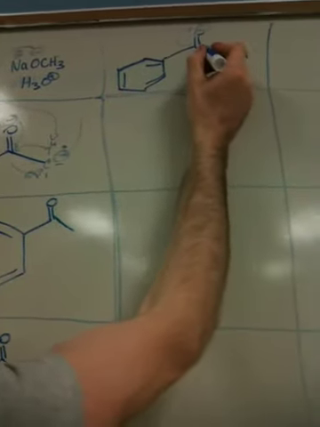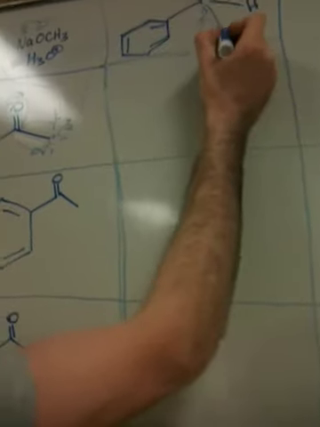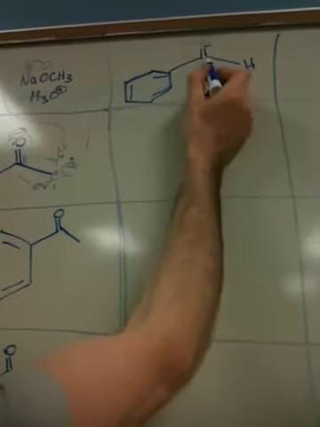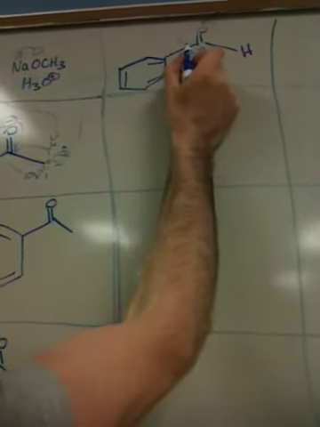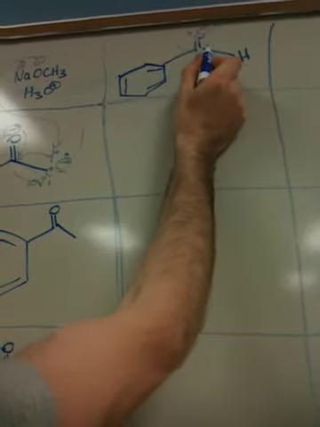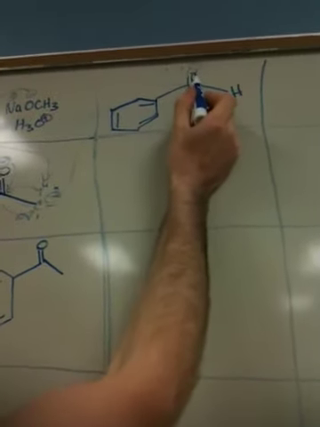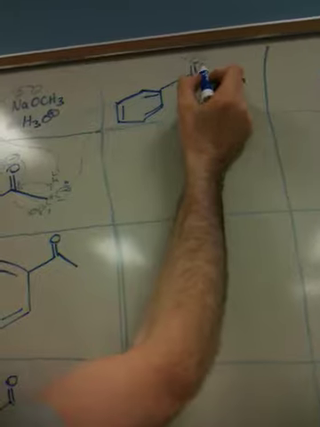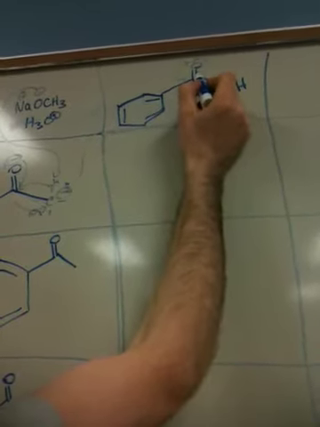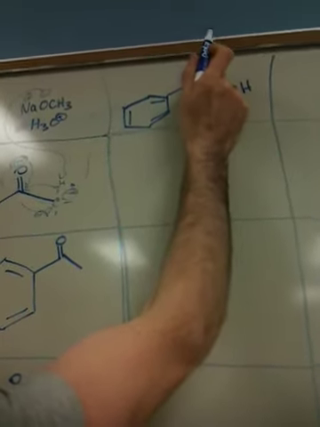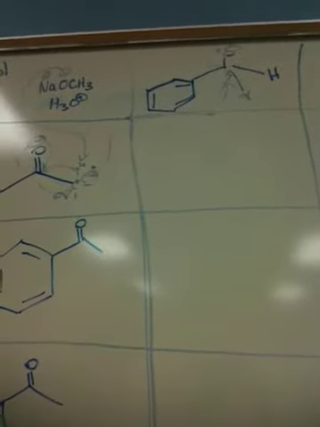Remember, we just made a bond from the beta to the alpha. So there's 1 bond here, 2 bonds there, 3, and this is negative right now, and it wants to come back down.